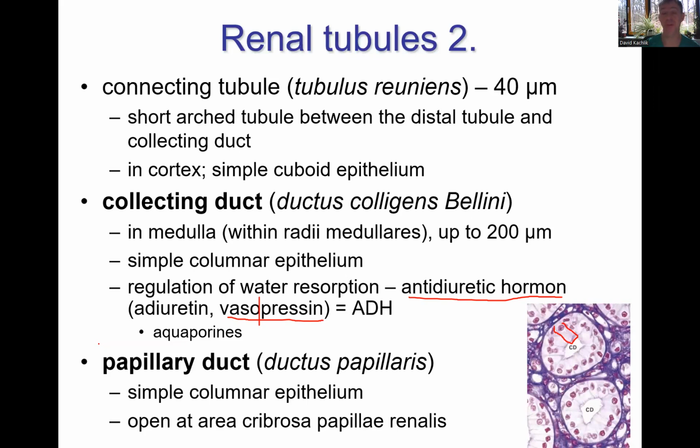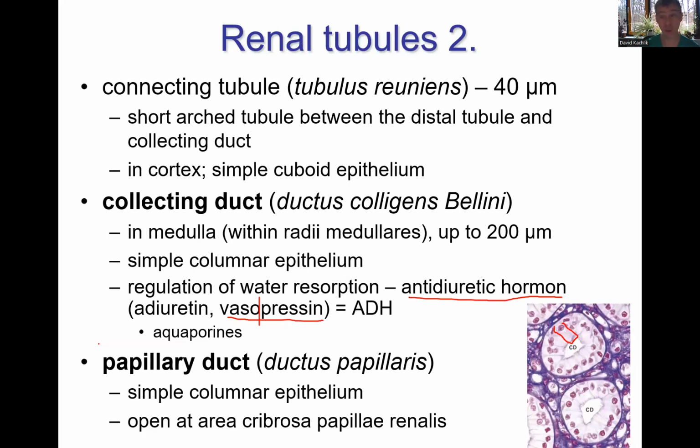If we have problems with this hormone, we suffer from so-called diabetes insipidus. That means that the patients urinate daily 15 to 30 liters of fluid. So he or she has to drink too much, and it's a very dangerous disease.